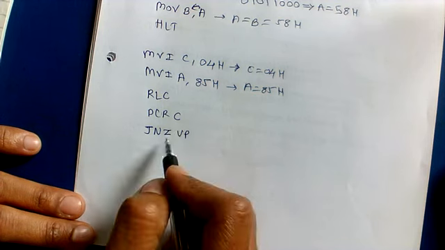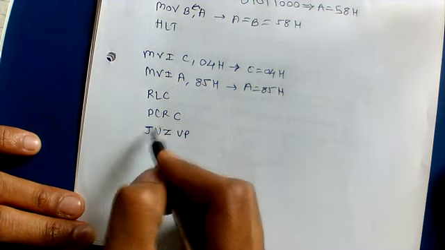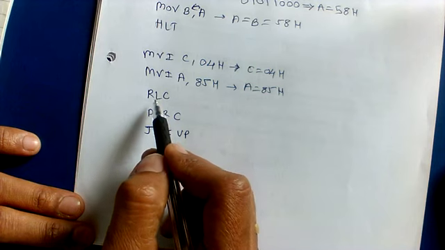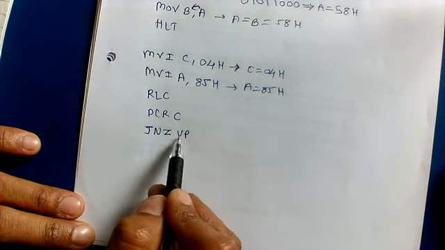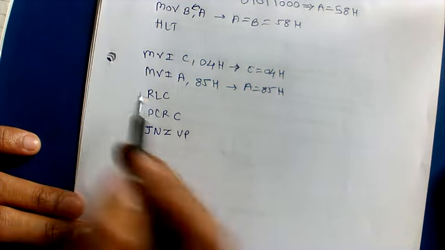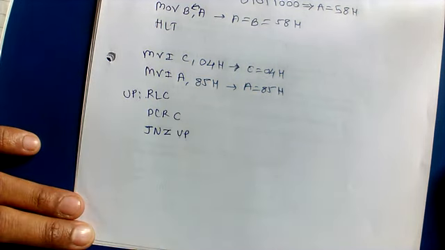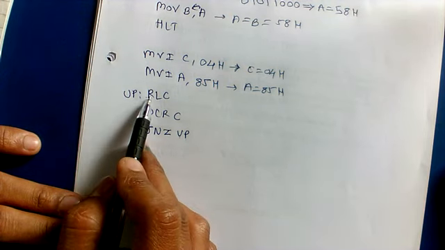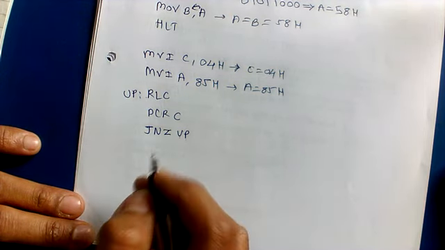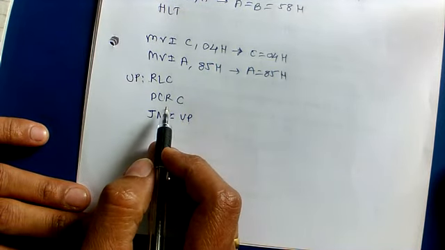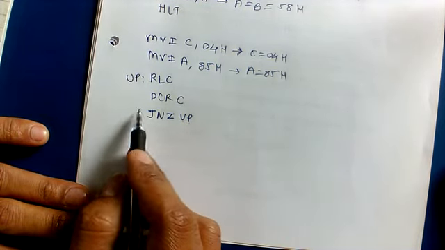And if the counter is not equal to 0, then this rotation instruction or shifting operation should repeat. So this label, UP, you have to specify in front of the actual process of repeat or shifting, in front of RLC. If shifting is over, counter is equal to 0, then execution will come out of the loop.